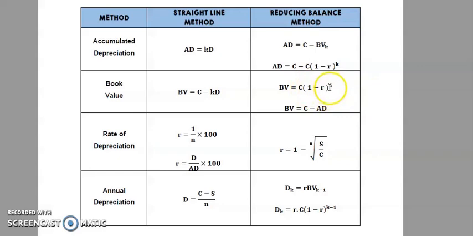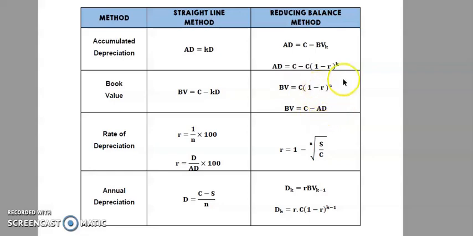If you substitute N equal to its useful life, it will be equal to its scrap value. If you want to calculate book value in year 8, for example, then N or K will be equal to 8. So this one is actually book value. How we calculate book value is also equivalent to cost minus accumulated depreciation.